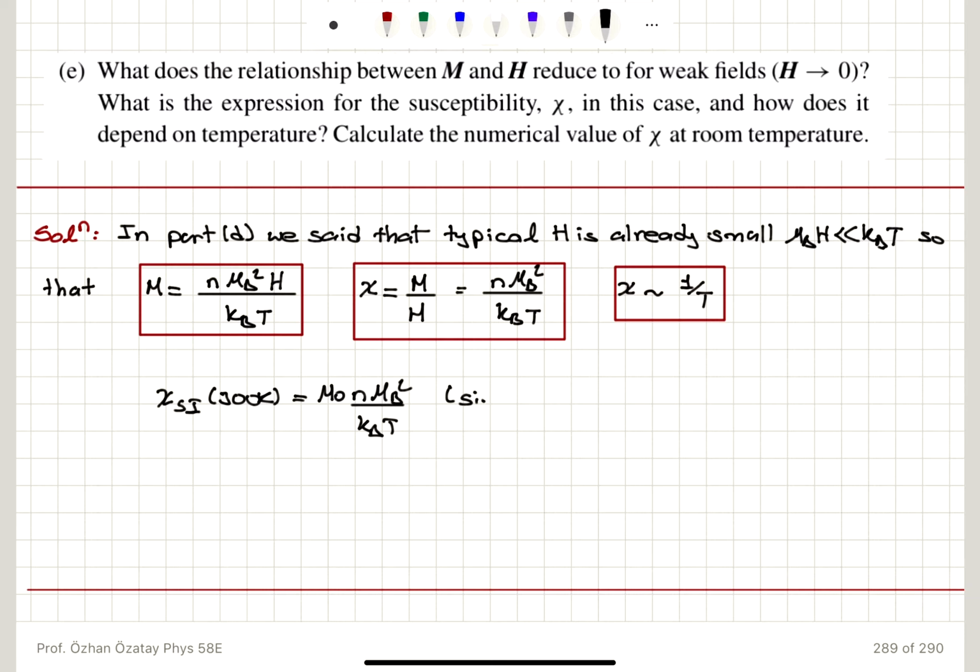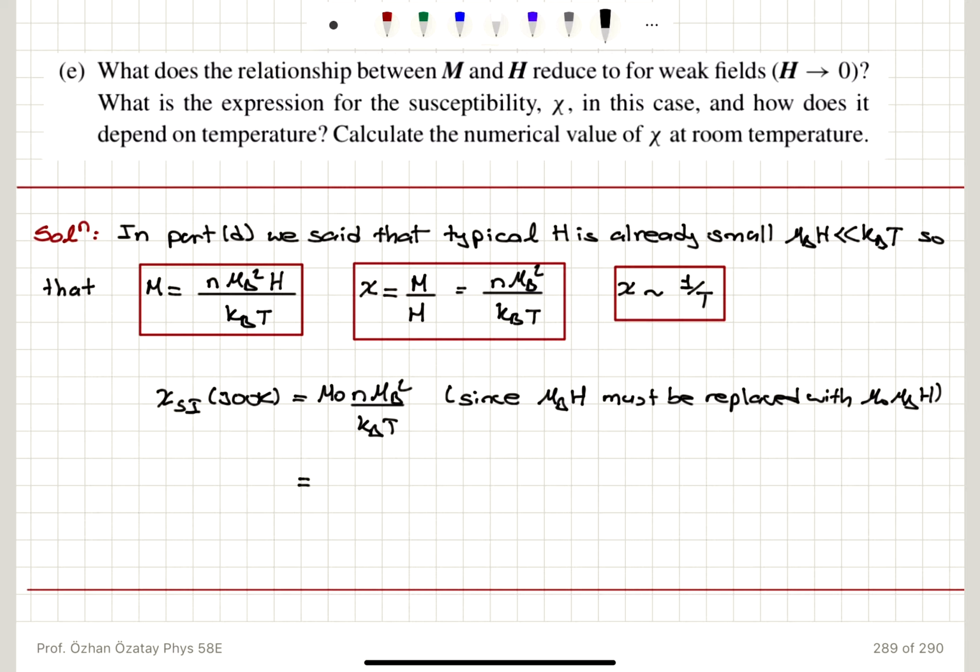And why? Because mu B must be replaced with mu 0 mu B when we use the SI calculation.